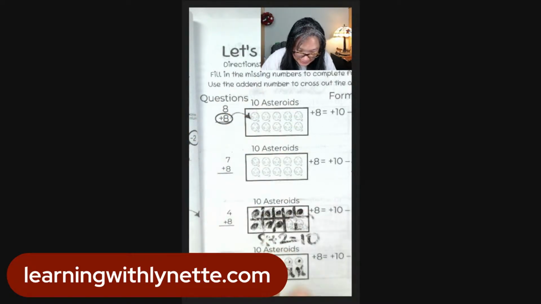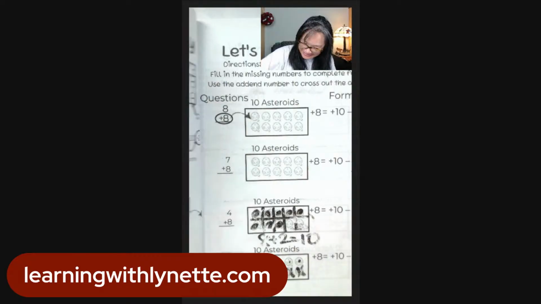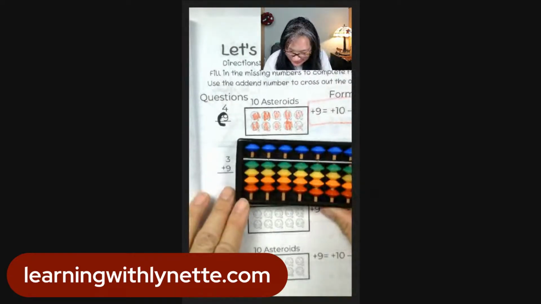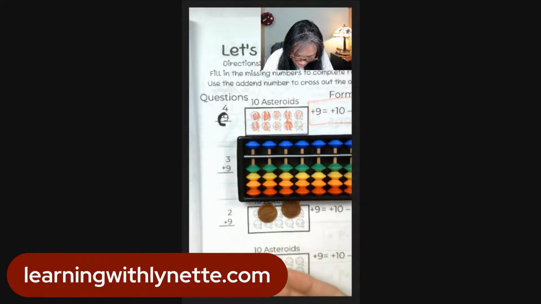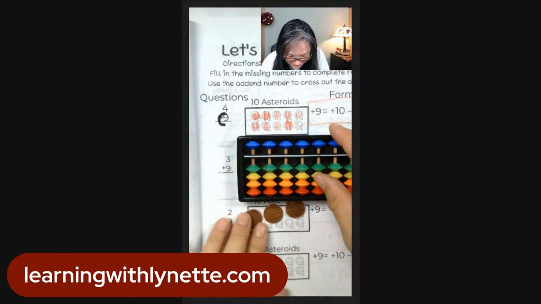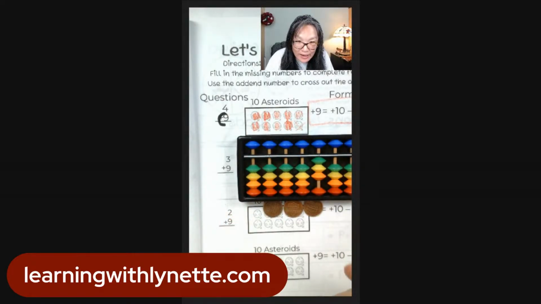So we did 8. We can do it with 9. It's easy with 9, right? So I have 3 on the abacus and I want to add 9, right? What is the pair? What's the pair for 9? 9 plus something equals 10.